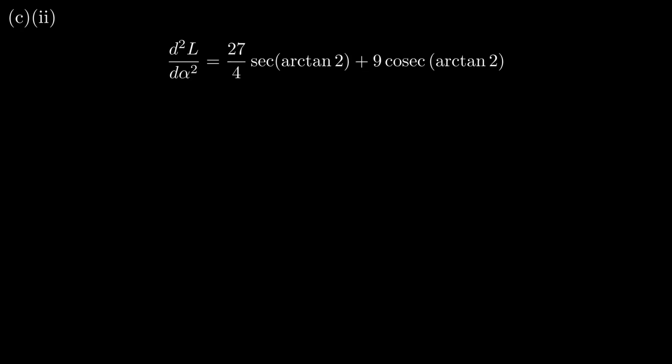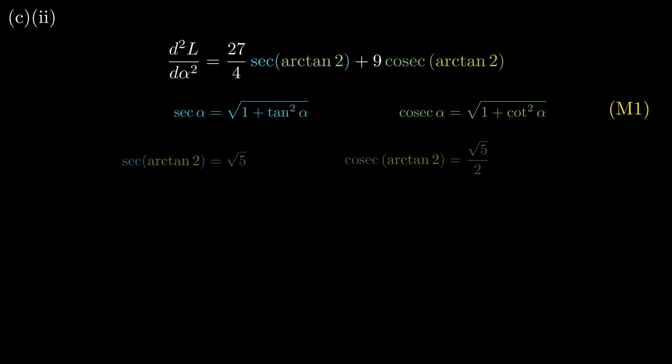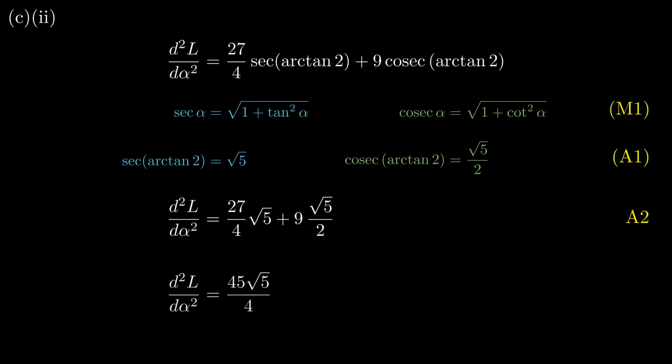We need tangents or cotangents to get rid of the arctangent. A quick look at the formula booklet will let you find such formula. Solving for secant and cosecant, respectively, we can cancel all trig expressions as shown. We get a method mark for the idea and an accuracy mark for the correct values. Putting it all together gives the last 2 accuracy marks before the given answer.